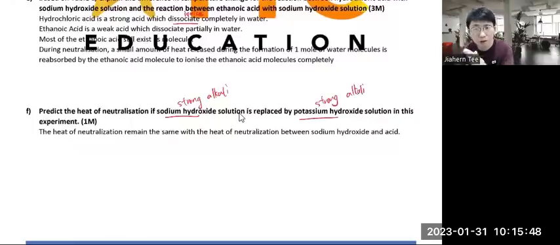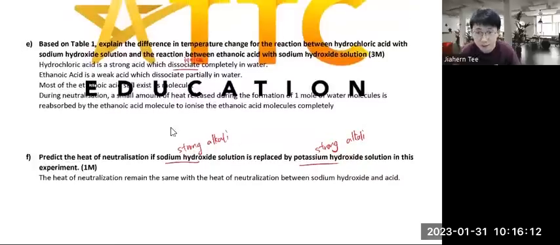Strong alkali to strong alkali still ionizes completely, with no need to reabsorb any heat. Straight away, all the heat is released, so you get the same heat of neutralization. Unless you change from a strong alkali to a weak alkali, such as ammonia, then it will be different. So the hint is, strong to strong, no change. Strong to weak, there is a change. And why it changes is the answer.